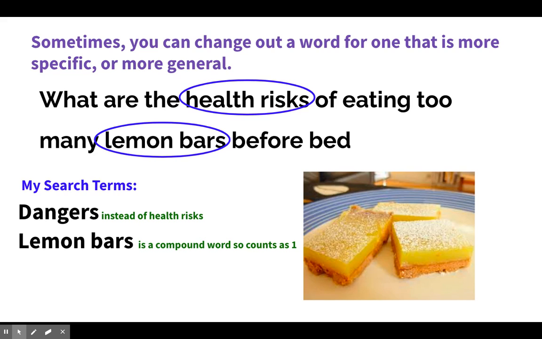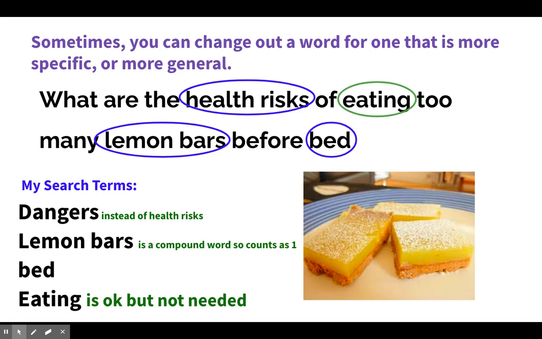Lemon bars. Technically a compound as well, but it's 2 physical words, so we'll group those together. And bed. Eating's okay, but not needed. Google will figure out if we have bed in there that that's what we're talking about.